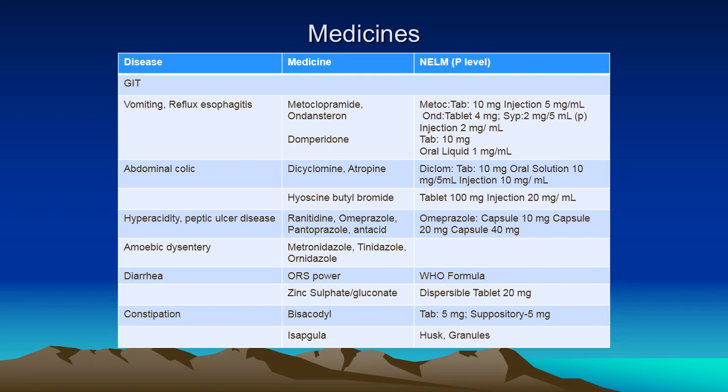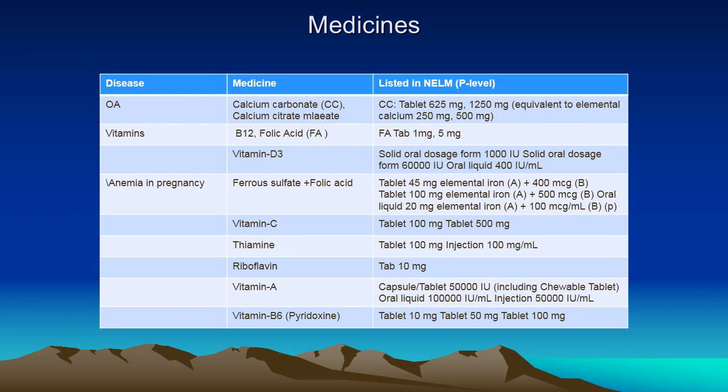Metronidazole is an important drug which can be used for the treatment of amoebic hepatitis and amoebic dysentery. Ornidazole, tinidazole can also be used, but ornidazole is somewhat costlier than metronidazole. They are equally effective. ORS is the standard WHO formula, and for constipation, bulk forming isabgula and bisacodyl as a stimulant purgative can be used.